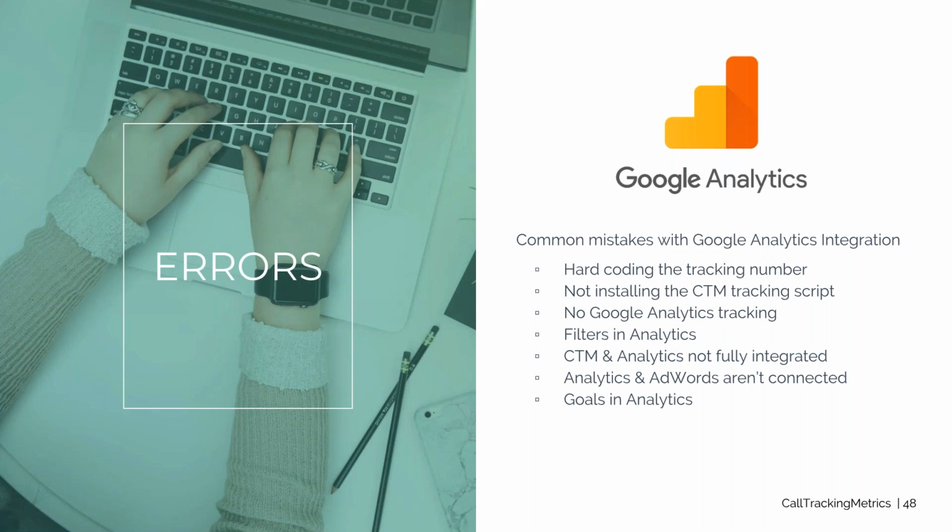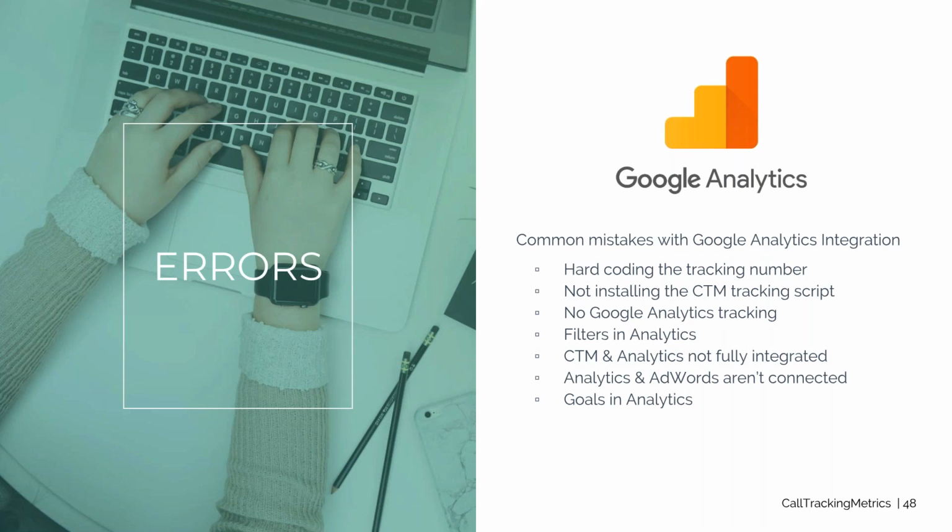So if you're hard coding the number, as in putting the tracking number itself directly onto the landing page, that can disrupt things. If you don't have the CTM tracking code installed on the page, that will make it so we don't get any session data. If Google Analytics isn't tracking the page, we're not going to be able to get any of the campaign data.